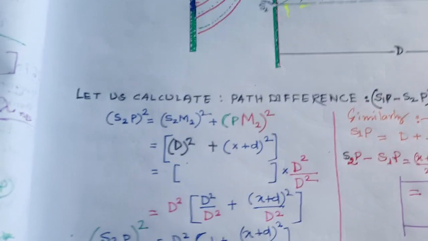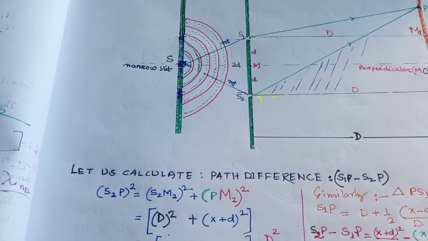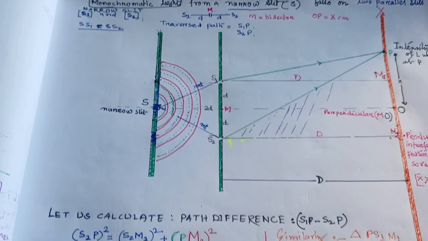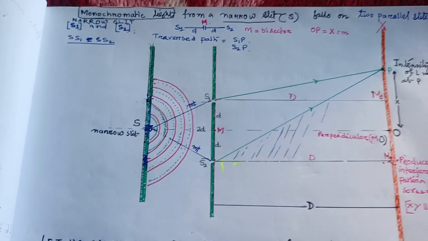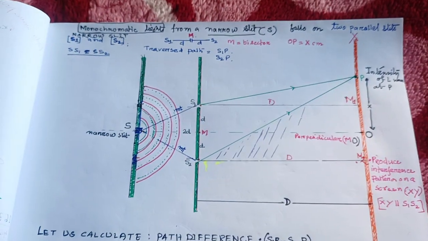So you first calculate the path difference S1P minus S2P, but for that you have to first calculate S2P.